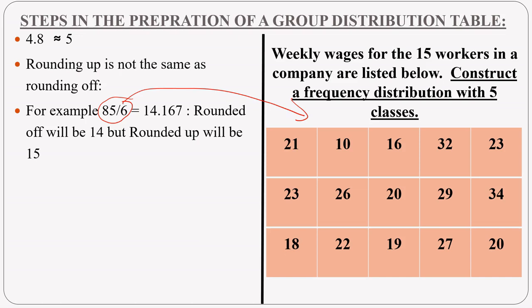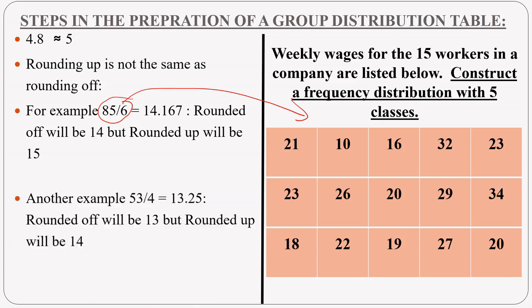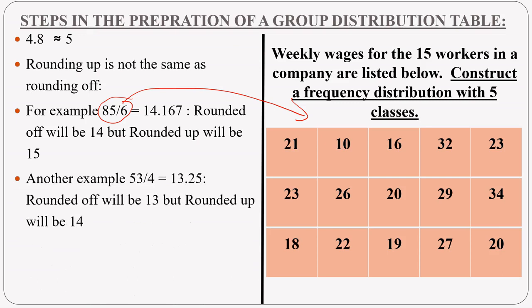If I say round off, you need to take 14. Rounded up will be 15. One more example: if it is 53 divided by 4 classes, we will get the answer 13.25. Round off means you take 13. Rounded up means you have to take 14.